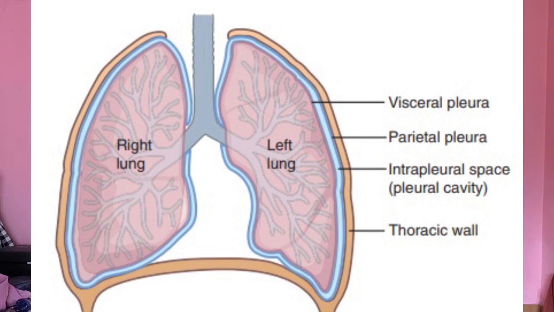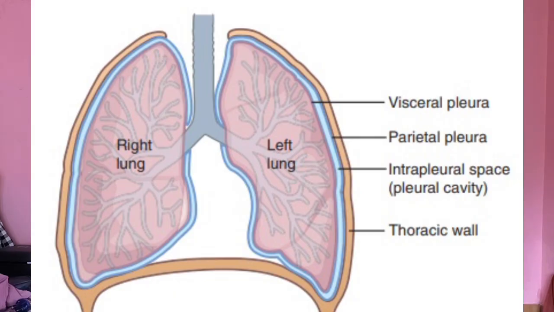So this is the main definition of parietal pleura, the outer layer of pleura that is attached to the chest wall or thoracic wall and does not adhere to the lungs. Okay, so visceral pleura and parietal pleura.